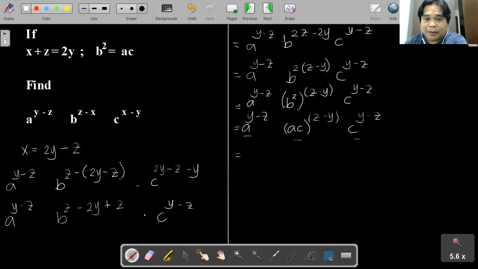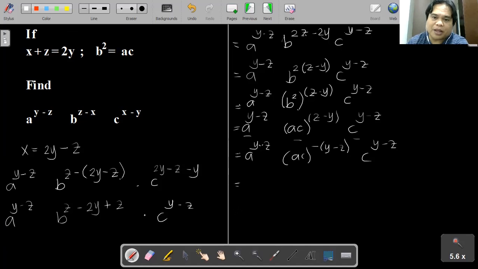First I will have to conform their exponents so that they look the same. Would you agree that if I take out the negative, it would look like ac to the power of negative y minus z, and then c to the power of y minus z? Agree? All right, that's good.